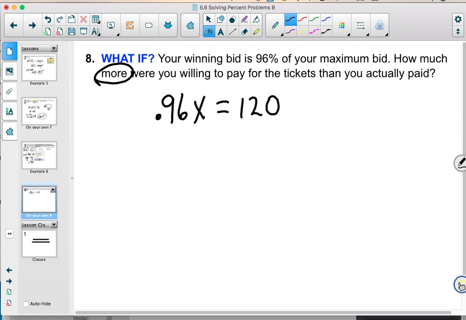How much more, Chance? Did you divide 120 by 0.96? And what did you get there? Okay. So how much more were you willing to give? If you paid 120, how much more were you willing to give? How much more, Kaylee? $5 more.